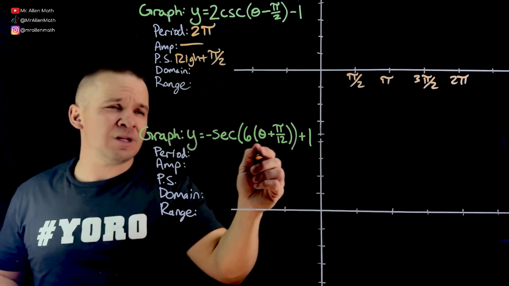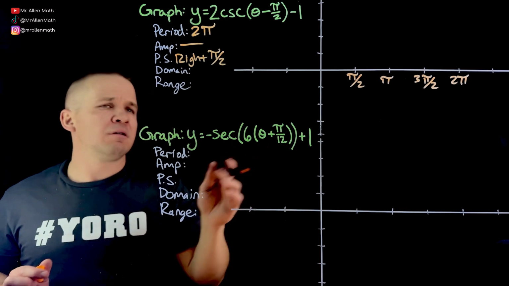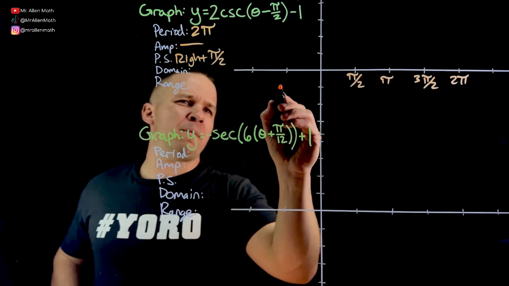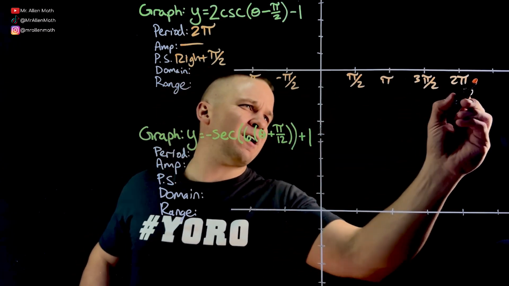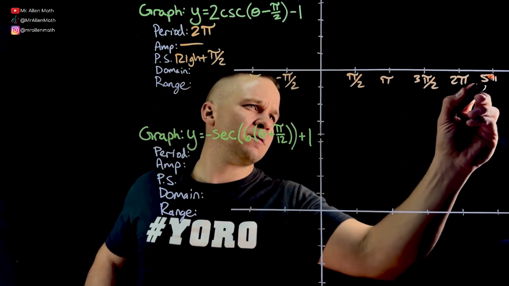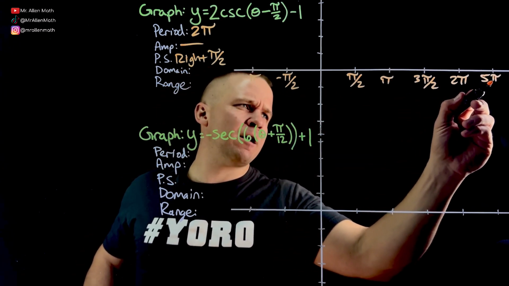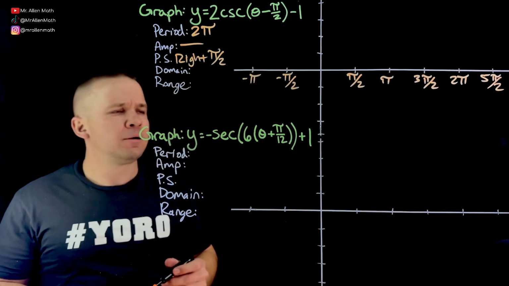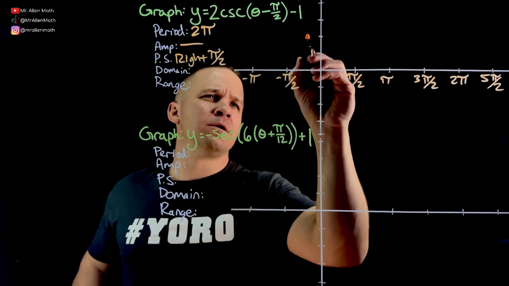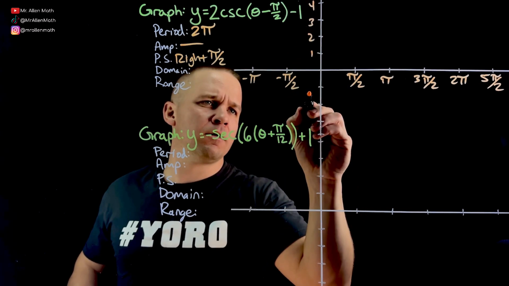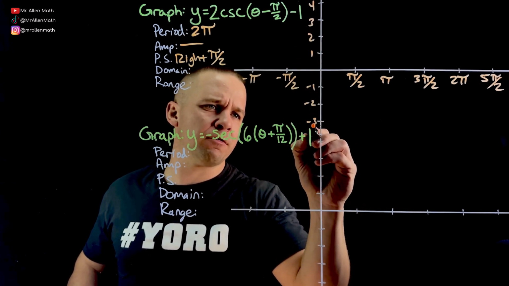Then we'll go back pi over 2, negative pi, and 5 pi over 2. Then on the vertical axis we'll go 1, 2, 3, 4, and negative 1, negative 2, negative 3, negative 4.